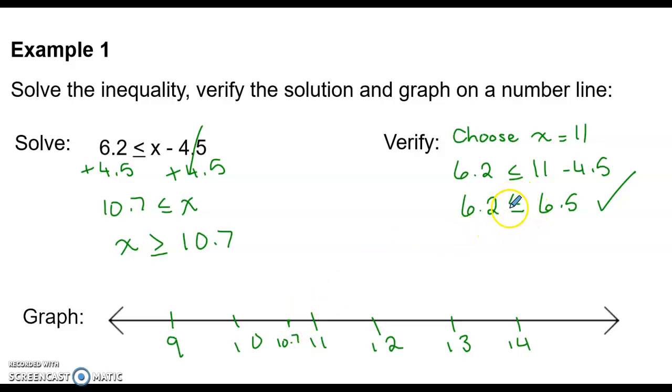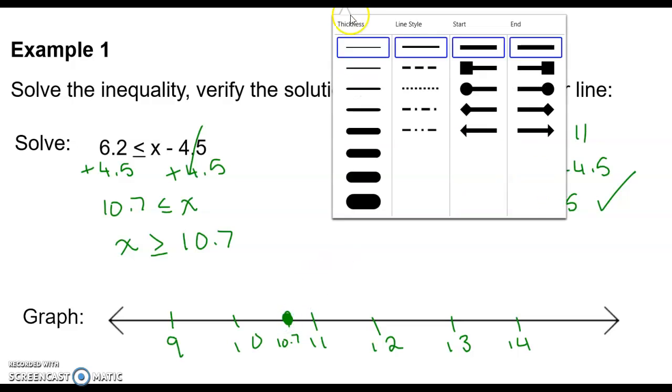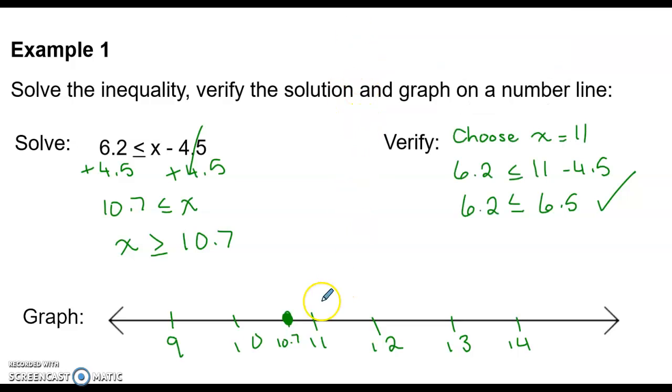Because I'm using my less than or greater than or equal to sign, I'm going to put a solid dot there. So you've got to fill in that dot, make it a solid one. And I'm going to shade to the right because it's greater than. And that's the solution for that inequality.